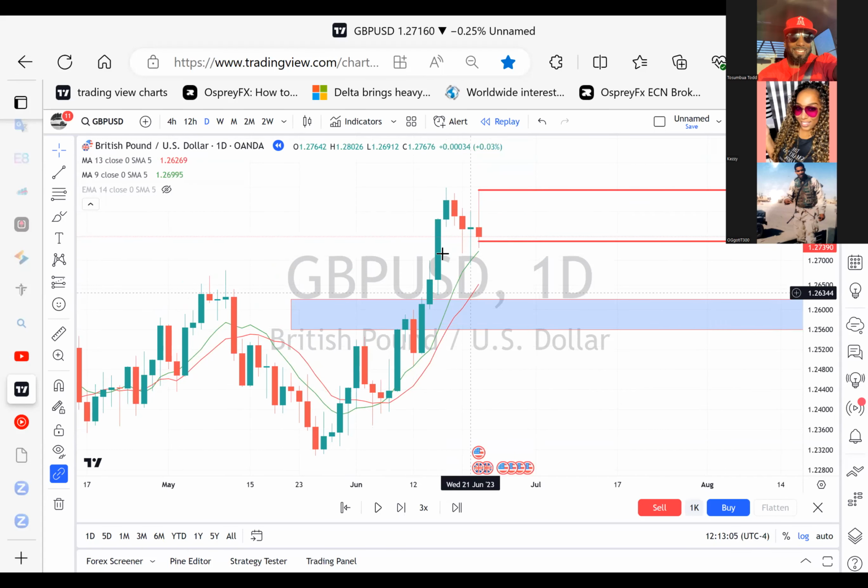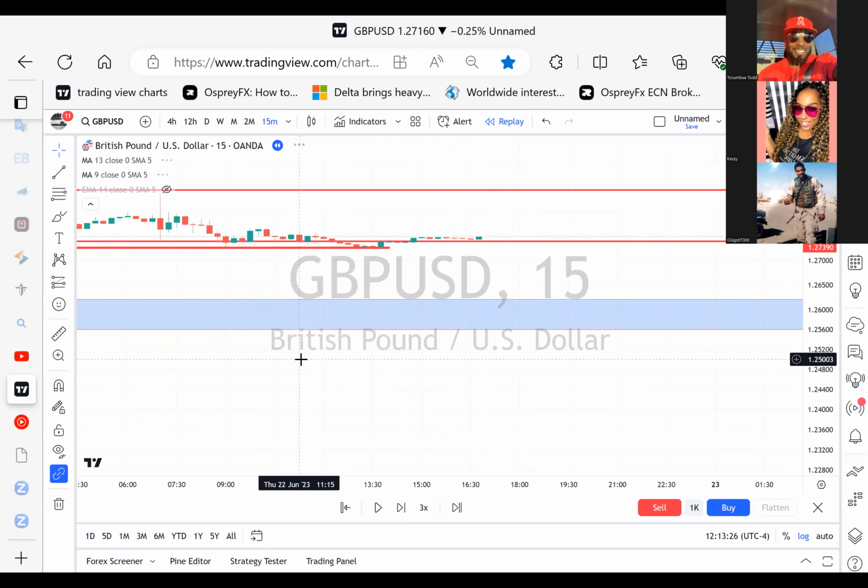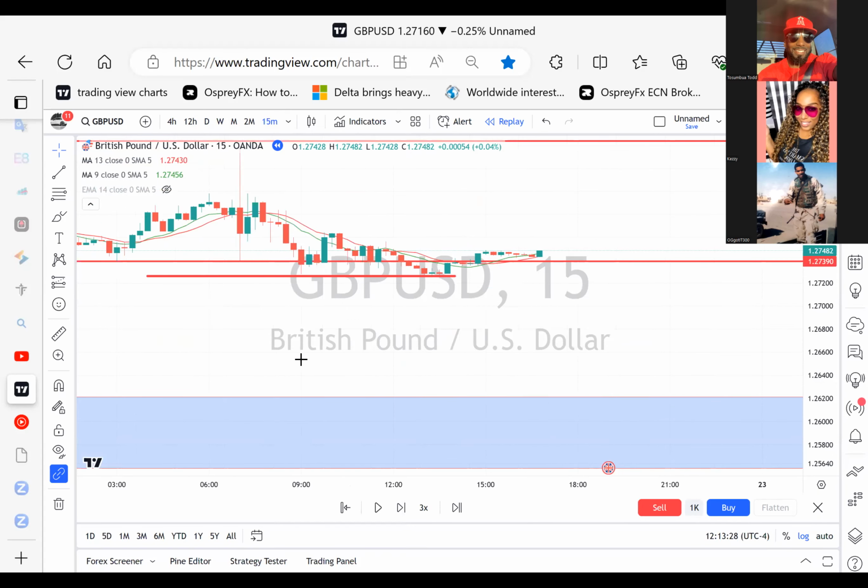On the lower time frames, there is an imbalance, but you see this expansion. We came back to our trend line, our moving averages. I expected price to push up.